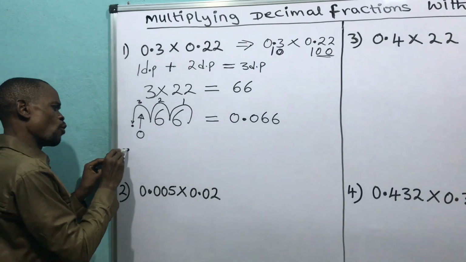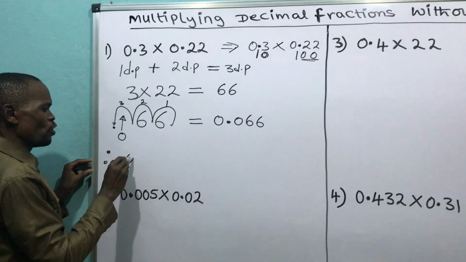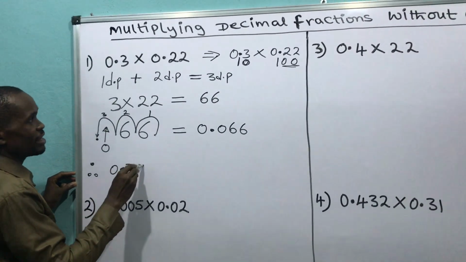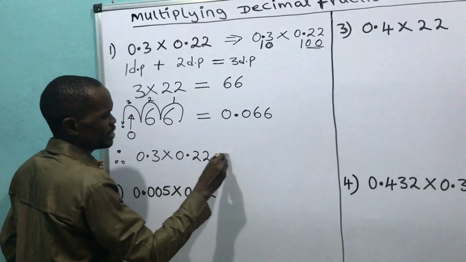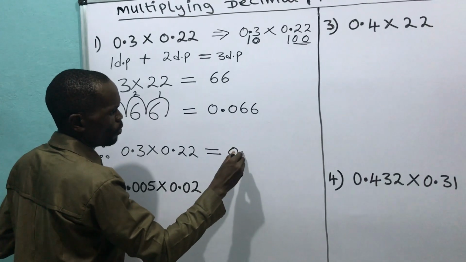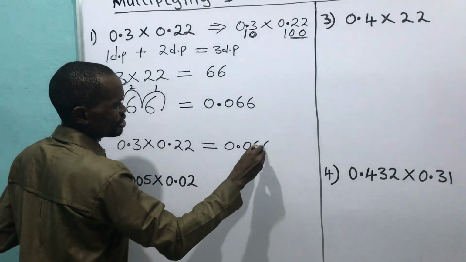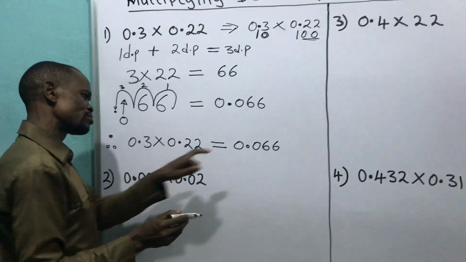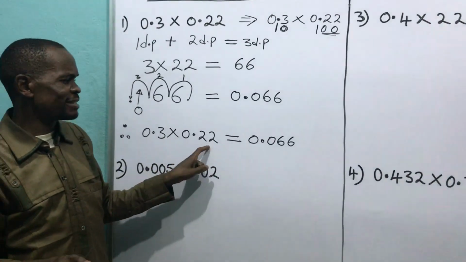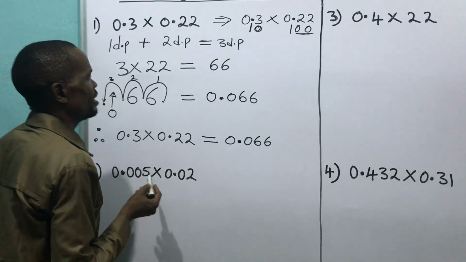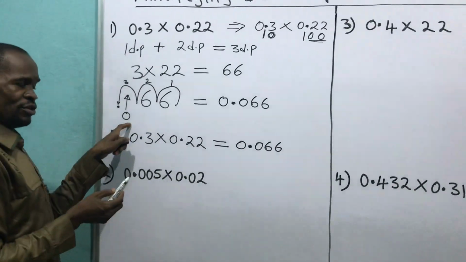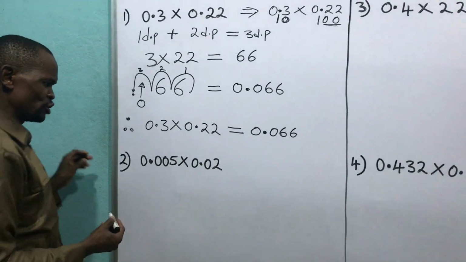And therefore, 0.3 times 0.22 is equal to 0.066. That's our answer here. That is how I did that. You get it here. Let's go to question number 2.